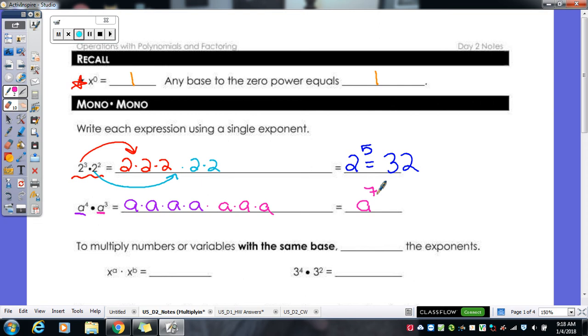So they figured out this little rule that if you're multiplying with the same base, your base here was a 2, so I had the same base. Our base here was the a. So remember, your base is whatever has the exponent attached to it. So if you're multiplying with your same base, then we simply add the exponents.